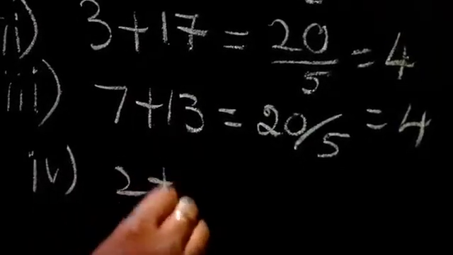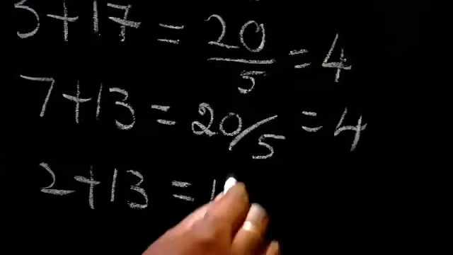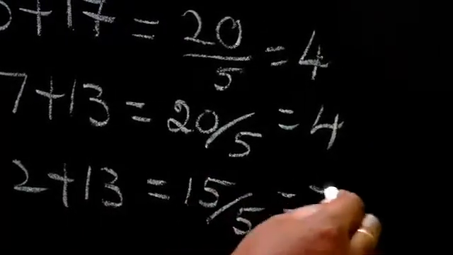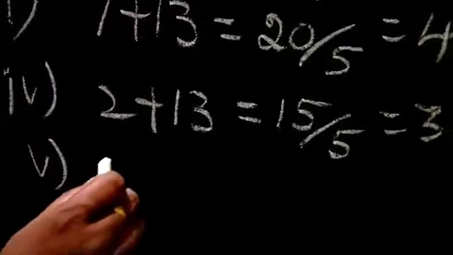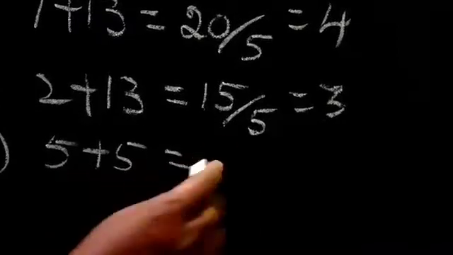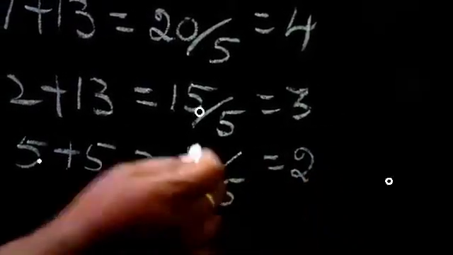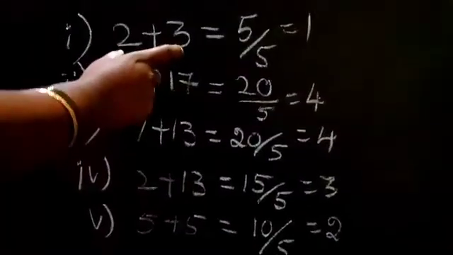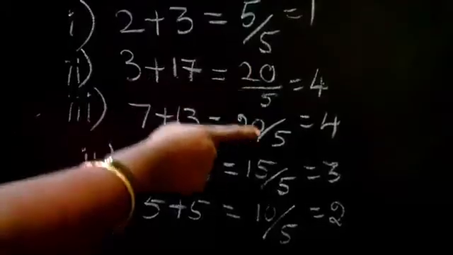Fourth pair is 2 plus 13. 2 plus 13 will get 15. 15 by 5 is 3, 3 5s are 15. Fifth pair is 5 plus 5. 5 plus 5 is 10. 10 by 5 is 2 times. When we add pairs of prime numbers less than 20, we are getting sums divisible by 5.